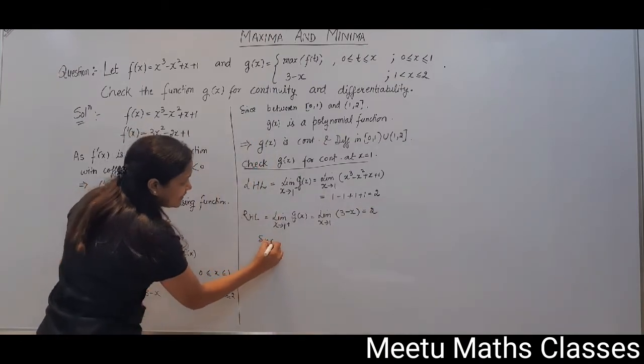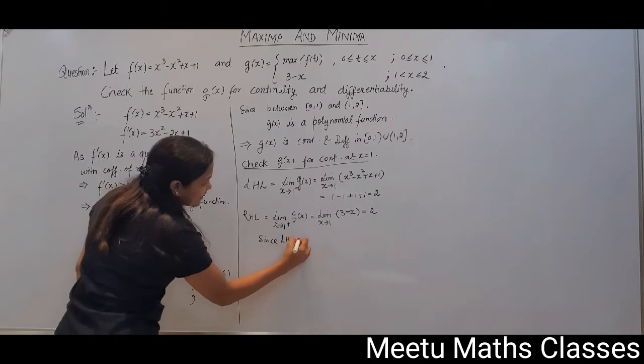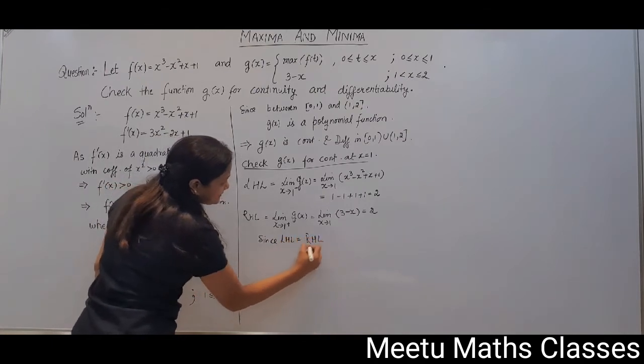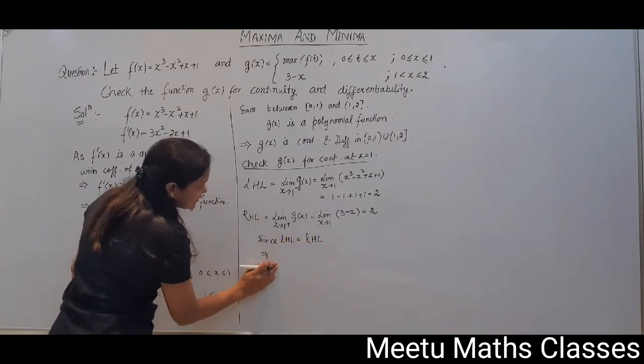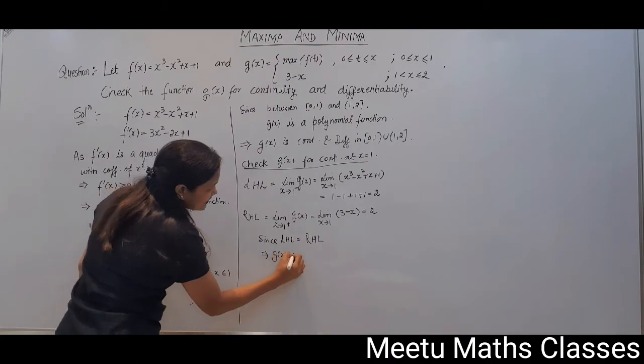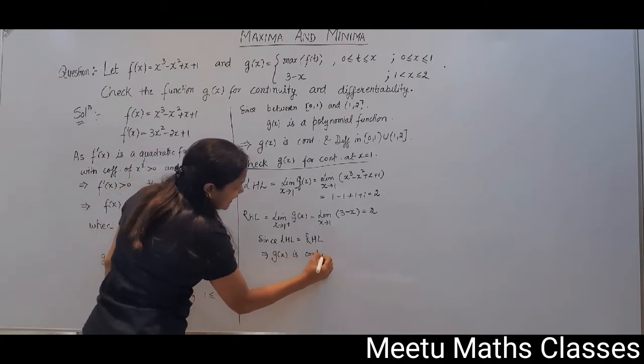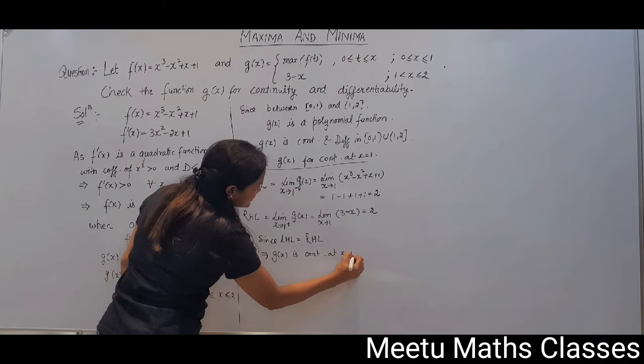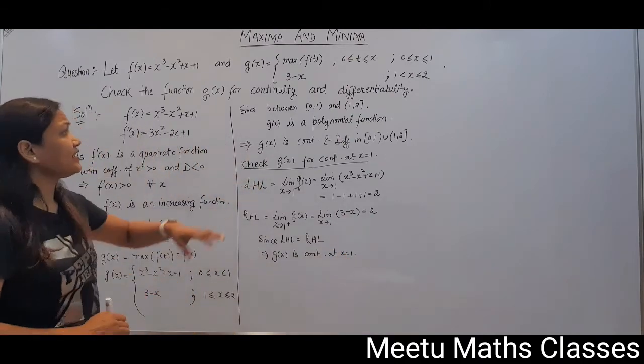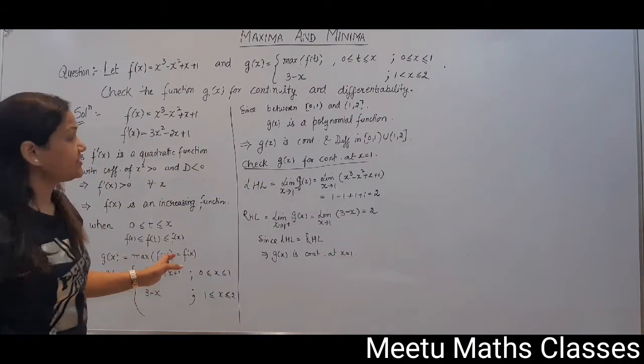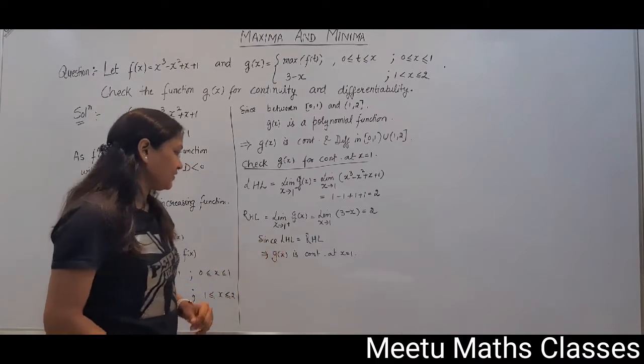Since the left hand limit is equal to the right hand limit, your g(x) function is continuous at x equals 1. So g(x) is a continuous function, and it is continuous at x equals 1 also.